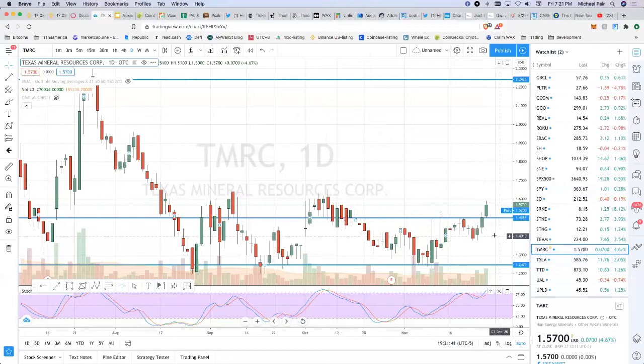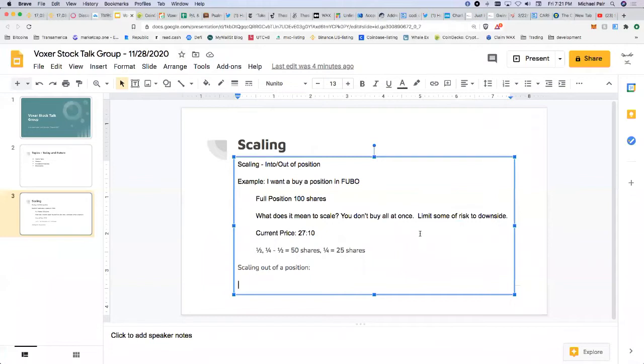What it allows you to do is scale out of the position, because you don't have to make the entire call at one time. That's really the goal of scaling in or scaling out. You don't have to buy all at once if you're buying, or sell all at once. It gives you some possibility of participating if the stock goes even higher, but it also increases your risk.